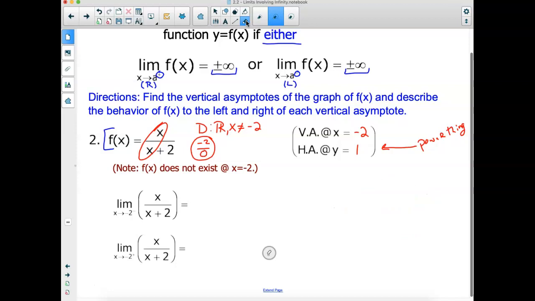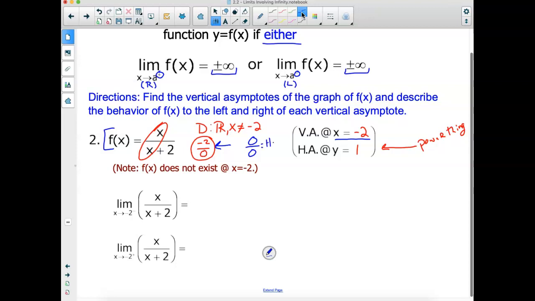So what do we need to be able to do, okay? We need to be able to see all of these goodies. And like I said, this is a vertical asymptote because the denominator is 0, okay? Remember, number over 0, vertical asymptote. 0 over 0 is not a vertical asymptote.